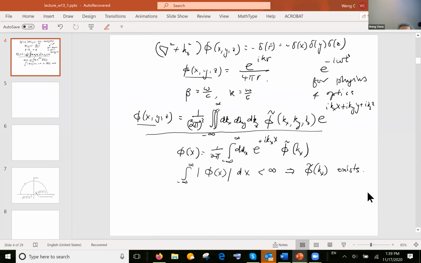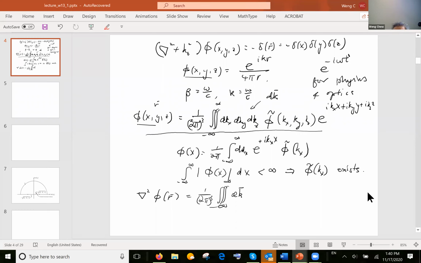Now if you have this Fourier transform, then let's look at the Laplacian of phi. Let me use a shorthand notation: this is just r. The Laplacian of phi would be equal to 1 over 2 pi cubed, and then I can take, let me use a shorthand notation for this as well, I will call this dk bar. dk bar means dkx, dky, dkz.